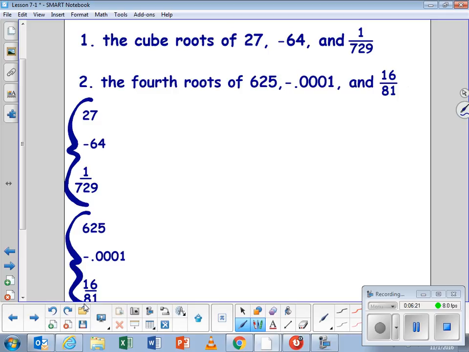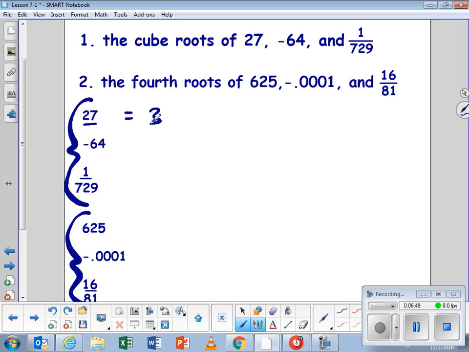Just 3. Why not negative 3? Because the power is odd. Okay. And there's going to be how many real roots? 1. Because it's an odd power. Remember, negative 3 times negative 3 is positive 9, times negative 3 is negative 27, right? So that wouldn't give me a positive 27. So there's just 1. It's 3.